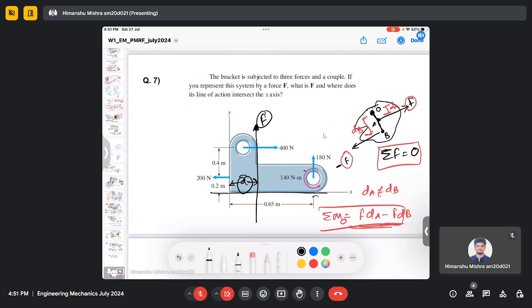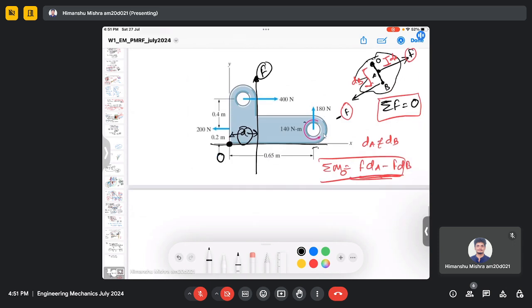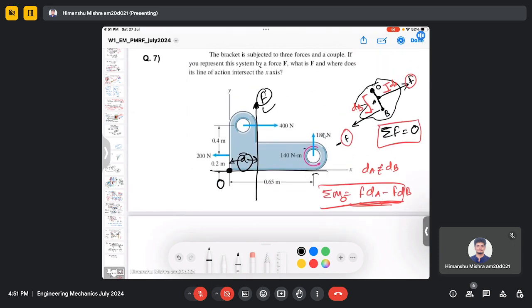So as usual, let's define a point O here. This is our point O, and let's try to find the moment. Since there are two unknowns, you don't know anything about this force F, which is the overall resultant force, and you don't know anything about this distance d. So apart from using the moment equation, you also need to use the summation of forces equation that we have seen earlier in the class. Because the problem says you need to find its line of action which intersects the x-axis.